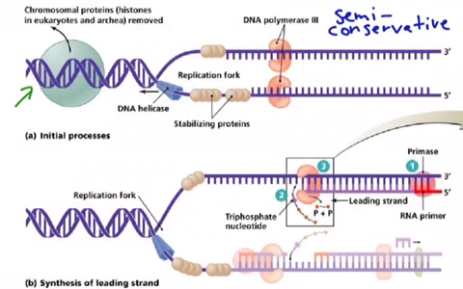The key enzyme involved in unwinding the strands is an enzyme called DNA helicase. You need to be familiar with this enzyme. You need to know what it is and what it does. Its job is to unwind the double helix.